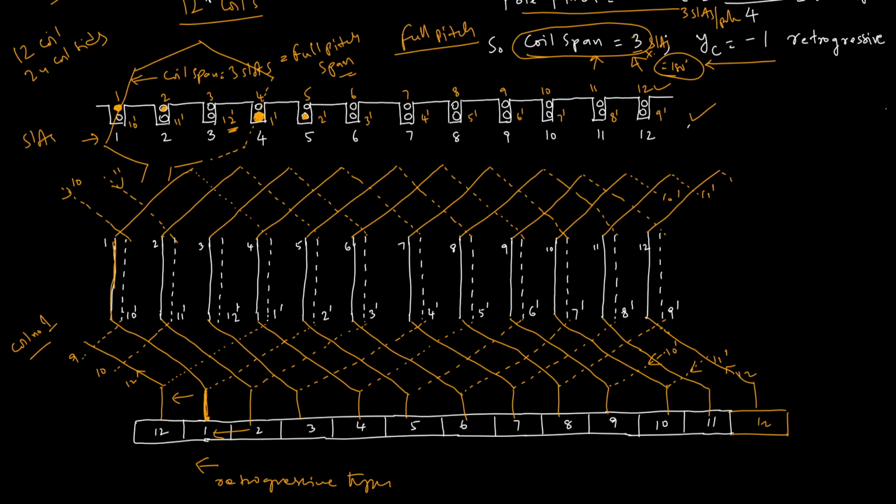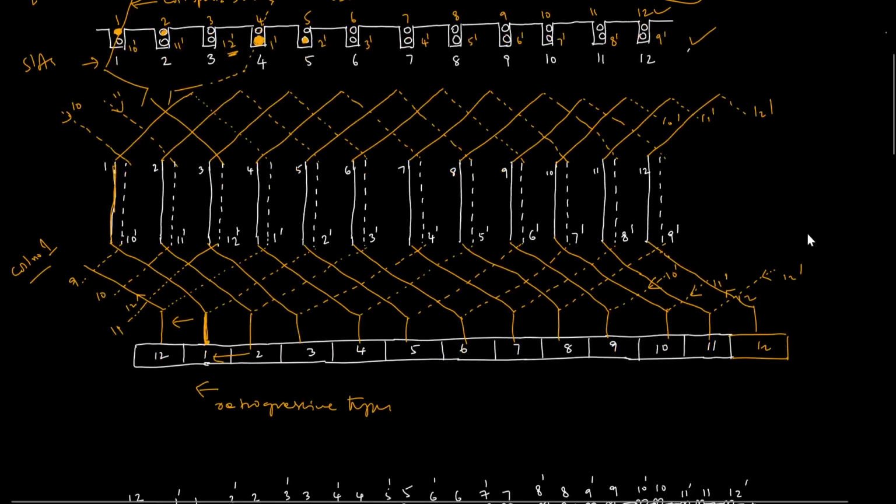The other side is going to 12 dash. 12 dash is on this side, and the back side of 12 dash will be connected to 11. Sorry, this is connecting to 11. 11 is here, coming from 12 dash. So that is how a retrogressive winding is going to be connected.